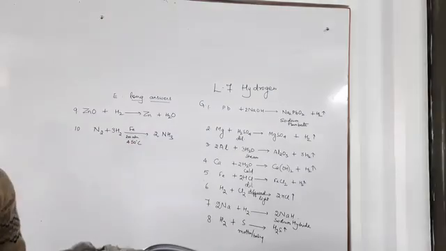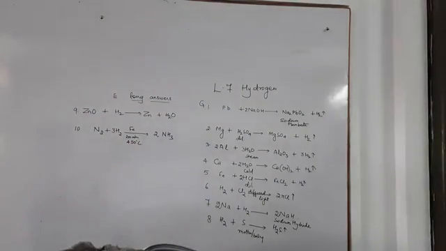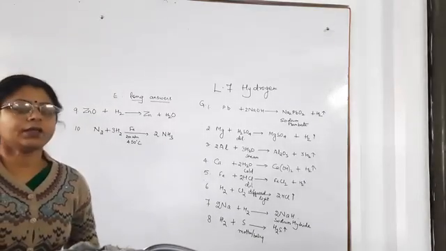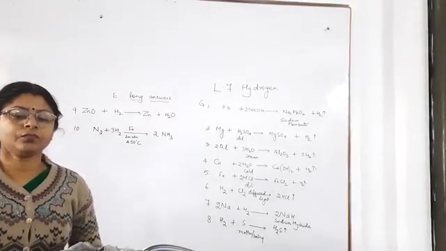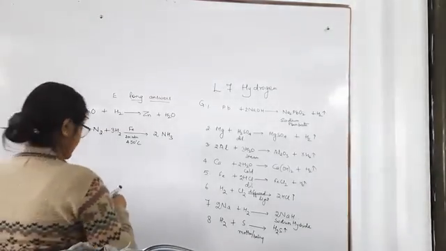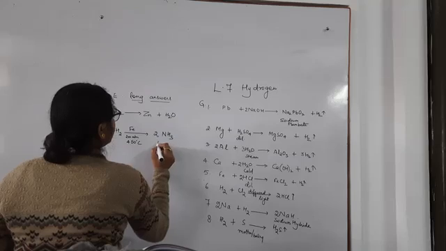So this also we have to write down. So these are all the equations in balanced form. And here we can write down ammonia.